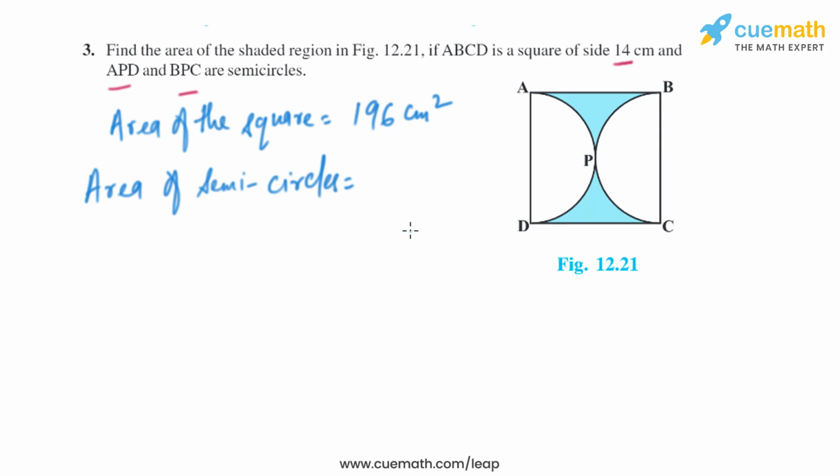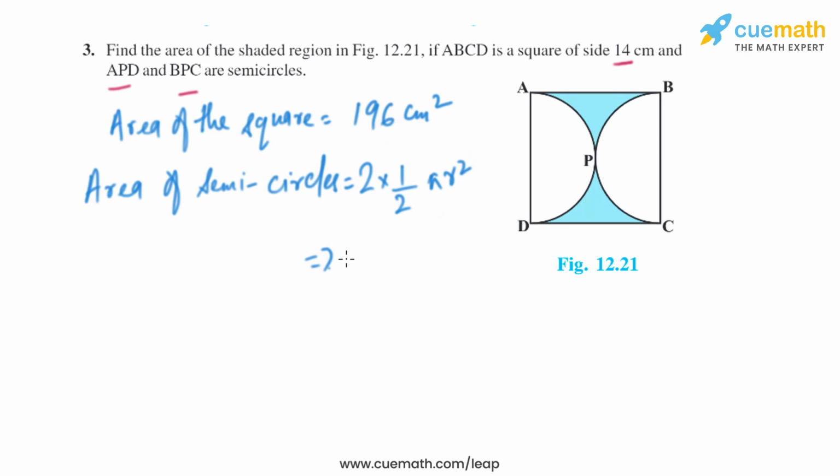Now let's find the area of the semicircles. As we can see, semicircles APD and BPC have the same diameter. AD and BC are the same, 14 centimeter, so they'll have the same area. So we can simply double the area of one semicircle. It will be 2 multiplied by 1 by 2 pi r square.